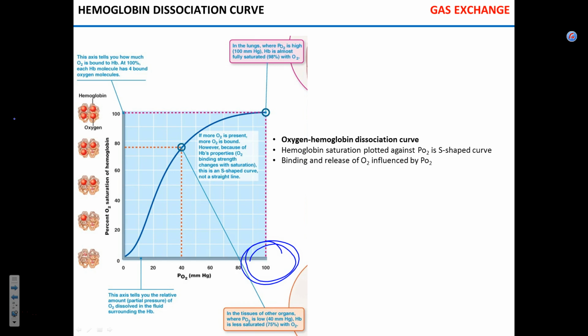Where in the body is the partial pressure of oxygen 100 millimeters of mercury? We just talked about it. Nope. Arterial blood? Well, where does it start? You're right, it's arterial blood. But where does it get all the oxygen? Come on, which organ? Lungs. Yes. So this is lungs.